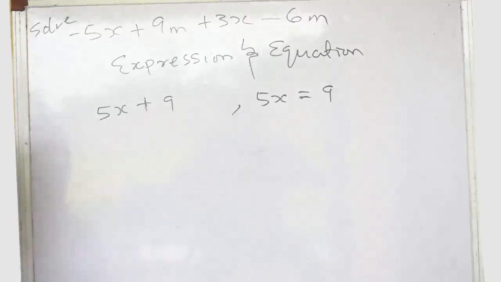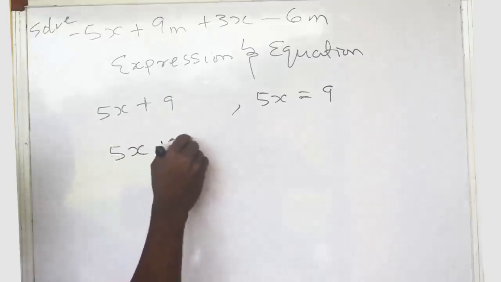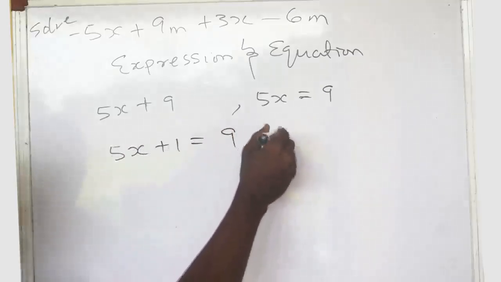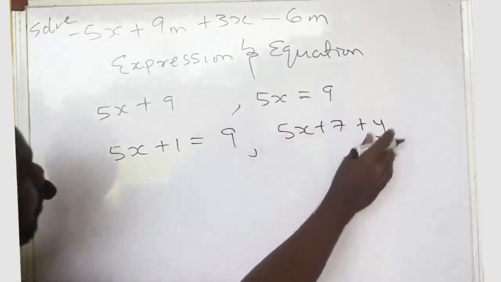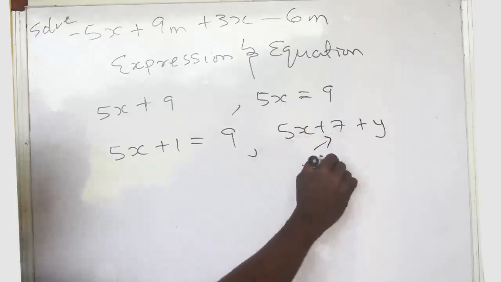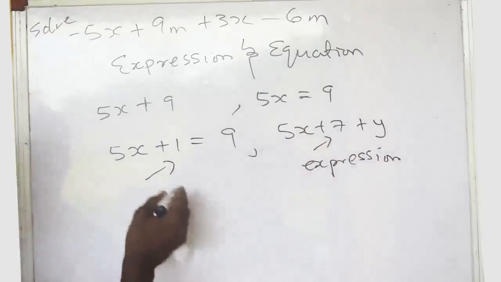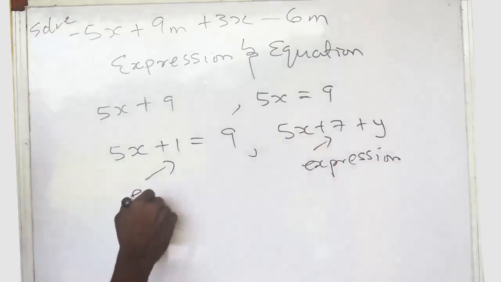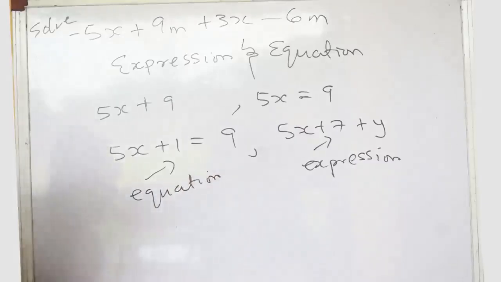It has turned itself into an equation. So even if I write 5x plus 7 plus, let's say, y, this guy is an expression because there is no equality sign, and this guy is an equation. So this is just the difference between the two. An equation has an equality sign and an expression does not have.